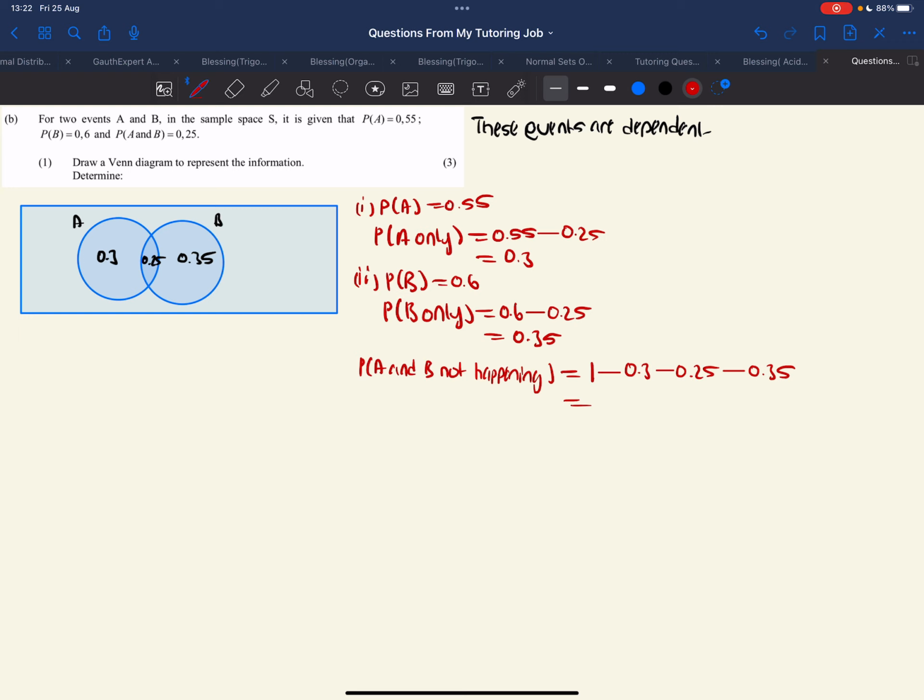If I do that, I get 0.1. So I'm going to put 0.1 there.